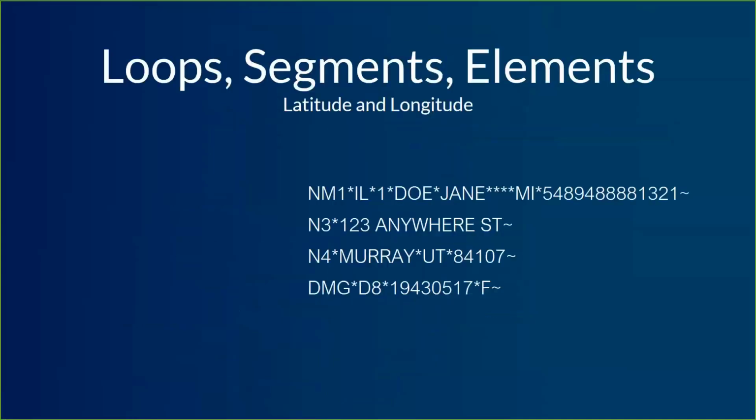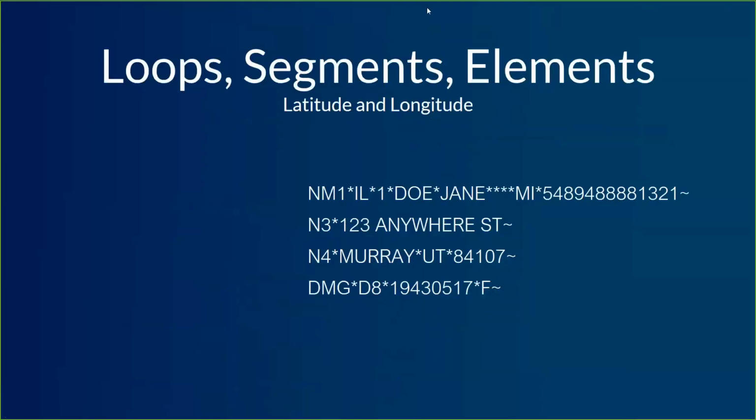Okay, so the information inside the claim can look a little bit intimidating unless you have some way to figure out what's going on with it. And we have this thing called loop, segments, and data elements, and that's how we identify different areas so that we can tell people, I'm looking at this specific point in the file, and it'll let them know where that is.